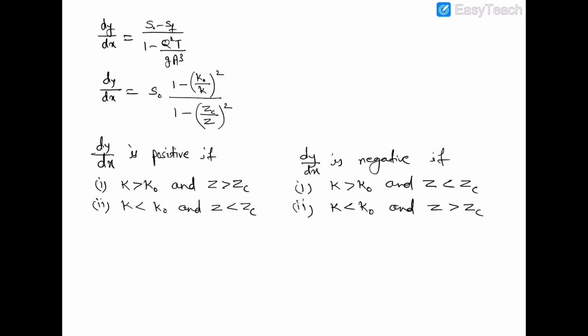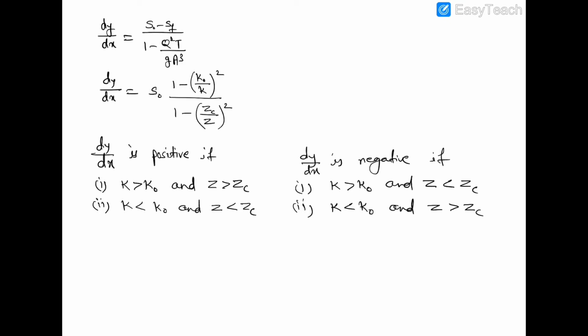In similar way, we can find the condition for the negative value of dy upon dx. When k is greater than k naught, then in this case the value of this will be less than 1 and the value of numerator will be positive, whereas when z is less than zc, then in this case the value of this will be greater than 1 and the square of this will be greater than 1, and ultimately the value of denominator will be negative.